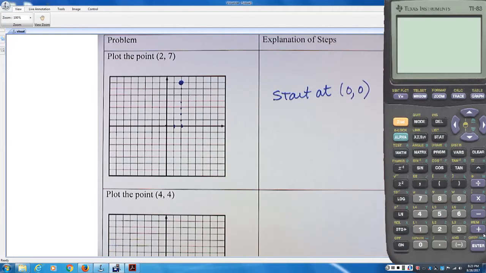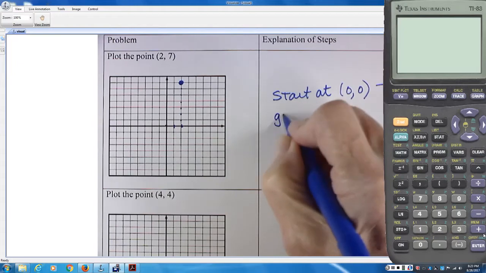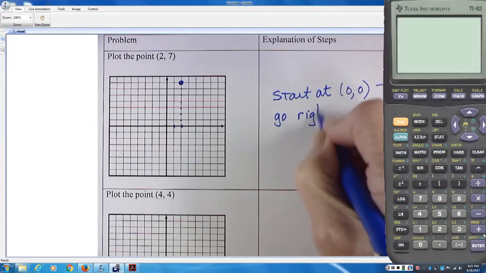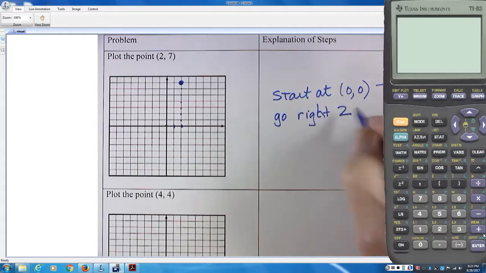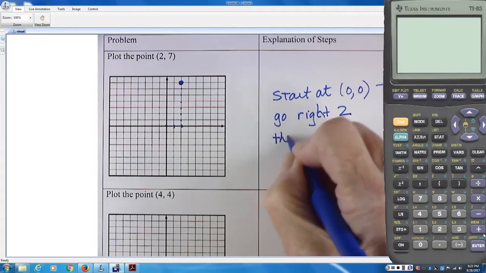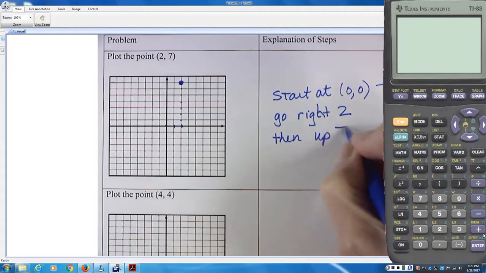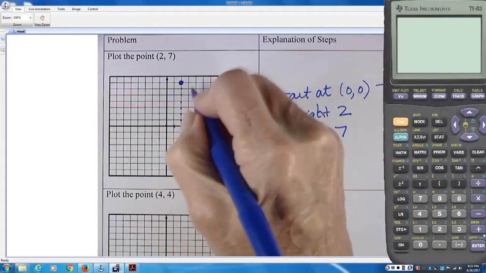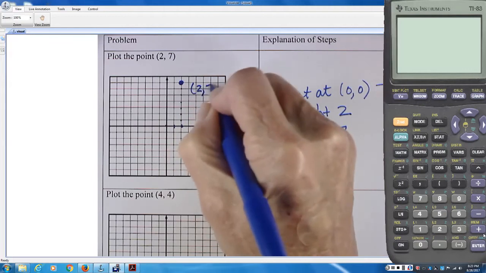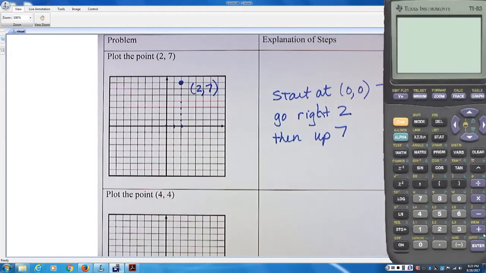Knowing that 0, 0 is where the axes cross, and then you go right 2, then up 7. Because I know a lot of people will get them confused. They get them crossed up. And 2, 7 looks an awful lot like 7, 2, except when you put it on the grid, it doesn't.